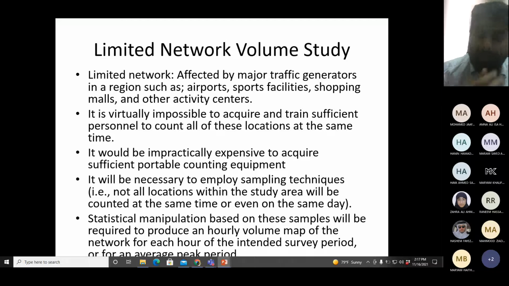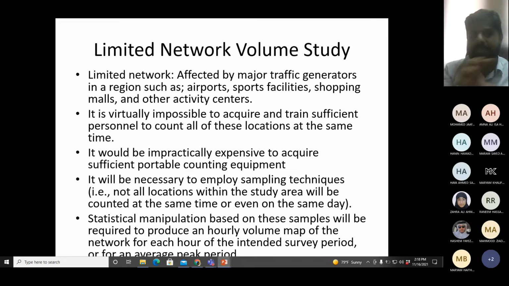So this network can be of different sizes. This is the smaller of the sizes, smaller, okay, not small for us, but smaller compared to the other type. We call it limited network. Why we call it limited network? Because the size of the road network which you will study is dependent upon a traffic generating facility.